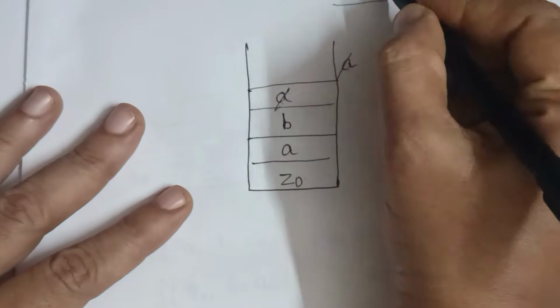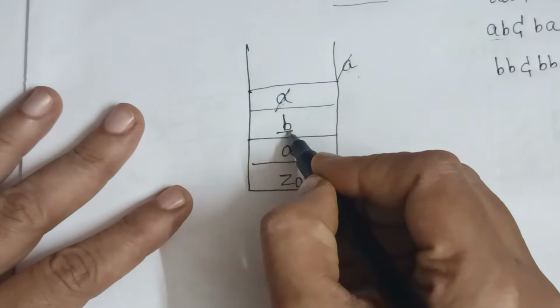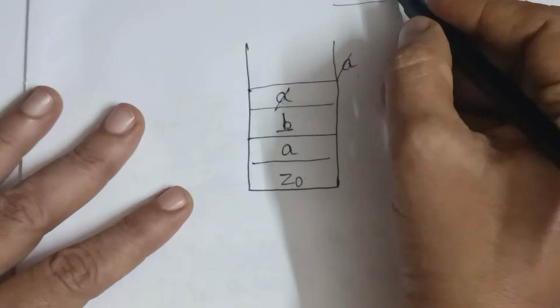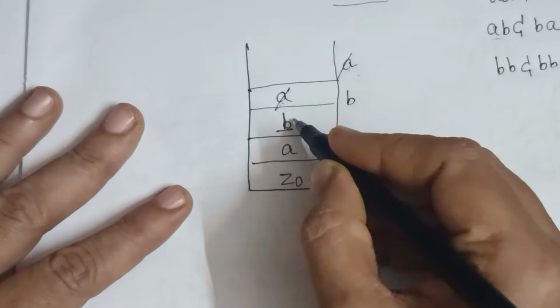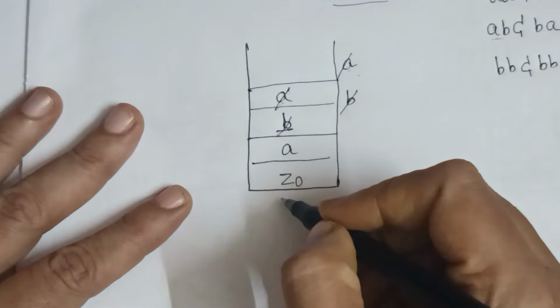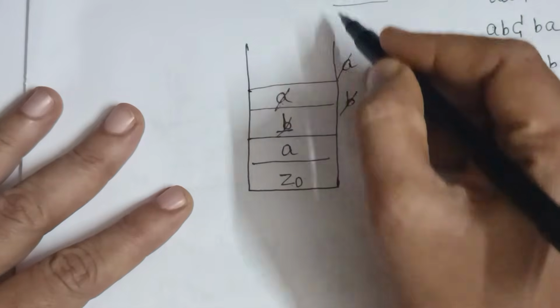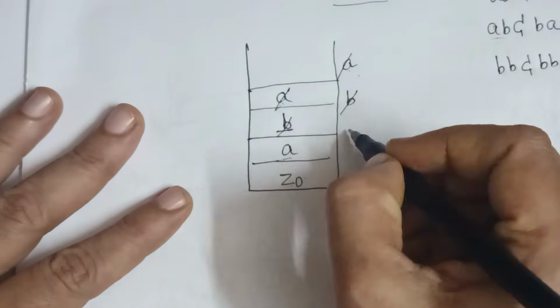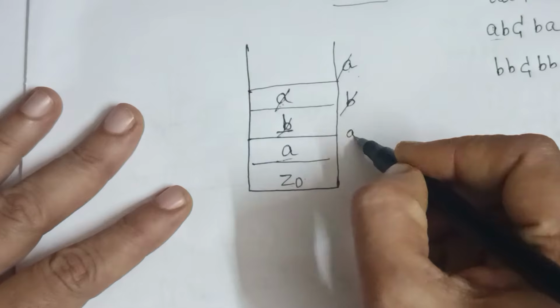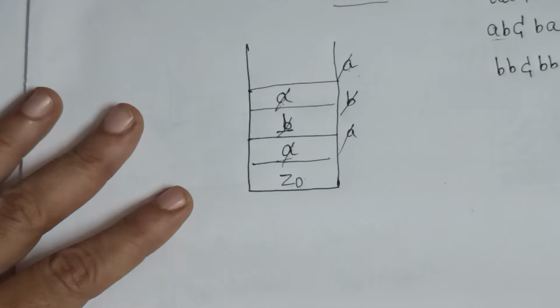Next, A and A are cancelled. Now the top of the stack is B, so the input symbol should be B, and B and B are cancelled. Next the top of the stack is A, so the next symbol A will be popped out.